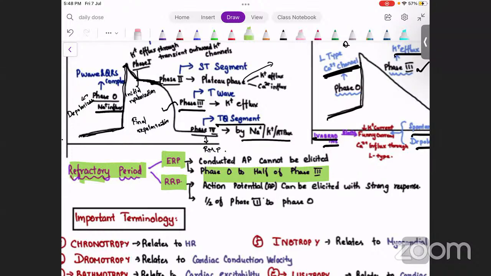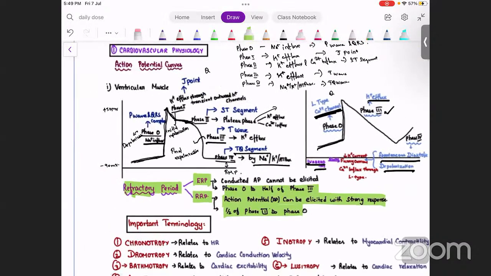The relative refractory period comes somewhere between middle of phase 3 to phase 0. A strong stimulus can initiate the action potential in the relative refractory period. So far, we have covered the action potential curve, people.